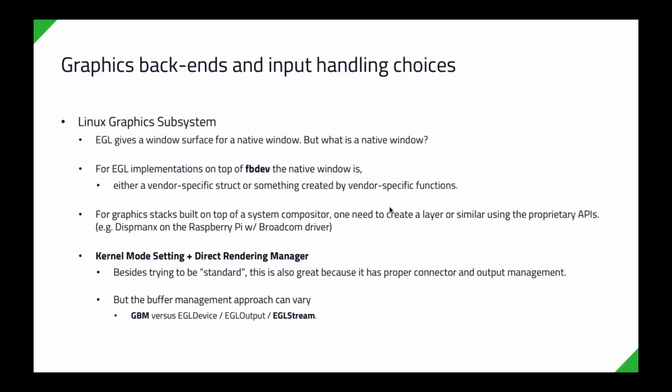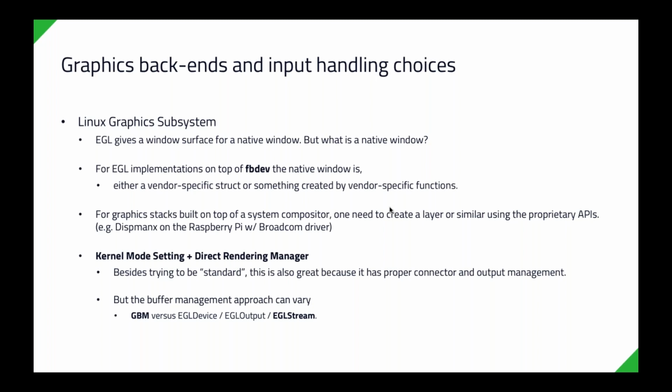So let's go through the EGLFS backend a bit. As most of you know, EGL is an API, an abstraction that gives you access to the window surface for a native window. On a given platform, you can create the native window using different means.